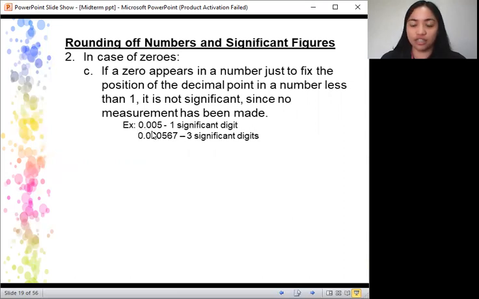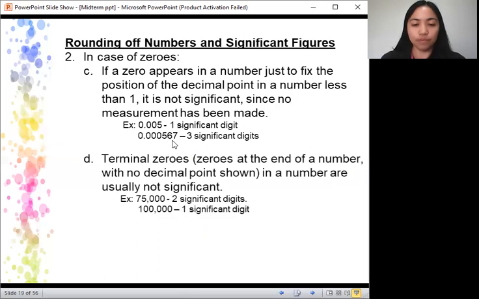The zero is not significant. That is why for 0.005, your significant number is only 1. Same with the next example. If the zero has no non-zero digit before it, it is not considered significant. So for this example, you only have three significant numbers.